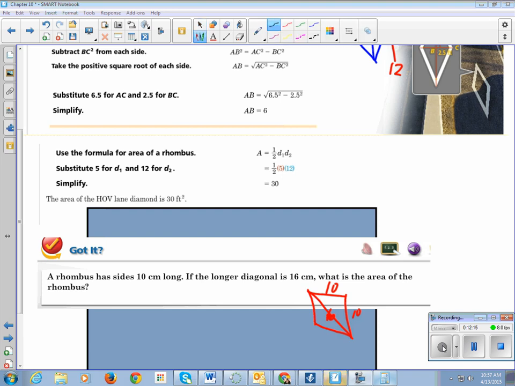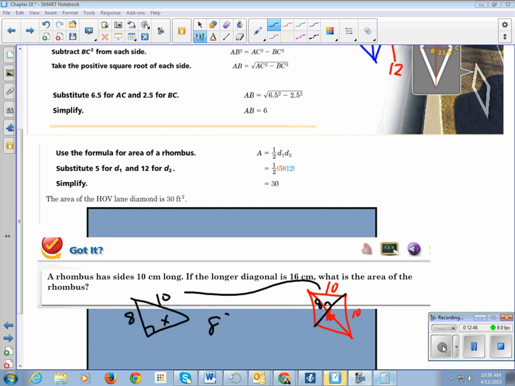Well, we don't know yet because we do not have the short diagonal. But if the diagonal is 16, half the diagonal is 8. So if we take this little triangle here, we got 8 and 10, and we are going to use the Pythagorean theorem to find x.